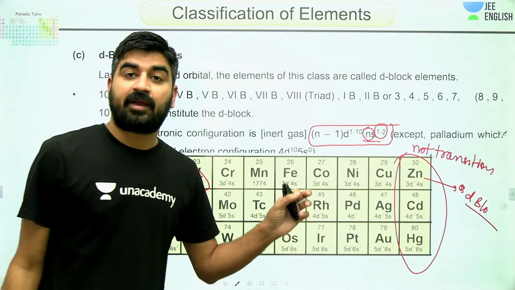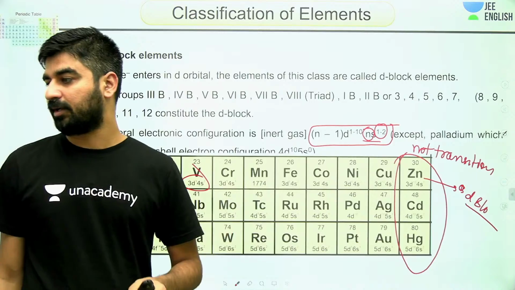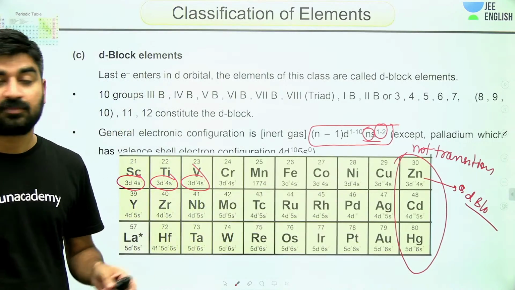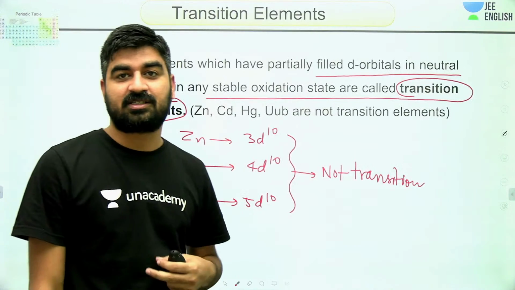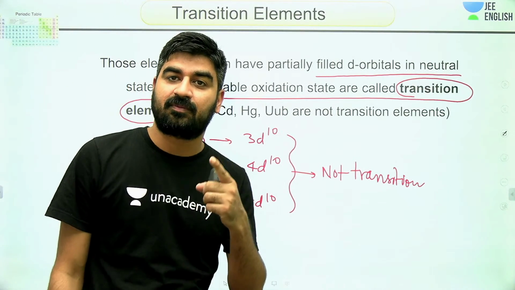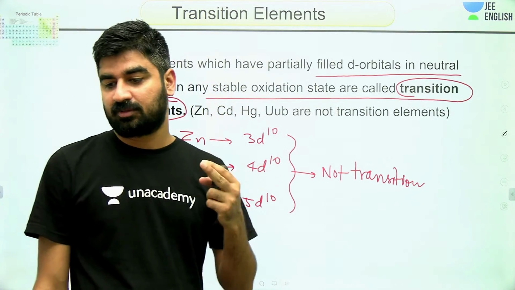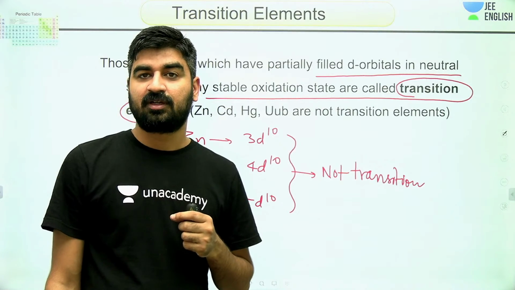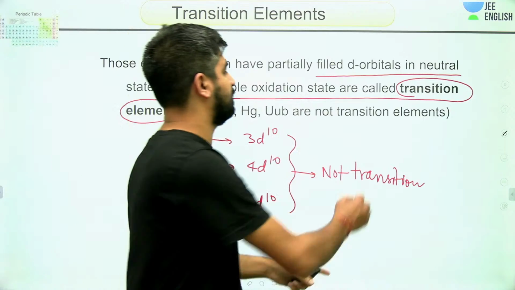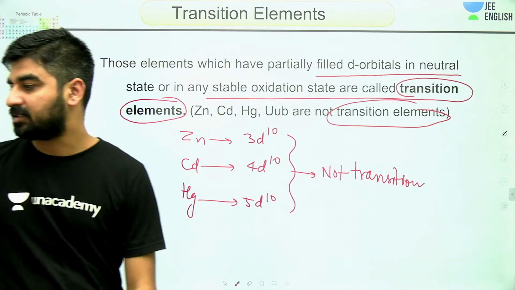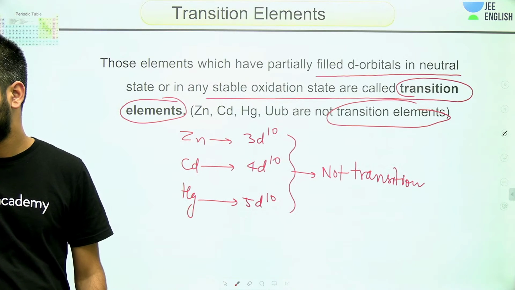Any element in which the last electron enters the d subshell will be called a d block element. But in order to be called a transition element, their d subshell should be partially filled, whether in ground state or in their most common oxidation state. Got it, guys? So zinc, cadmium and mercury are not transition elements. Somebody was asking this question. Got it?